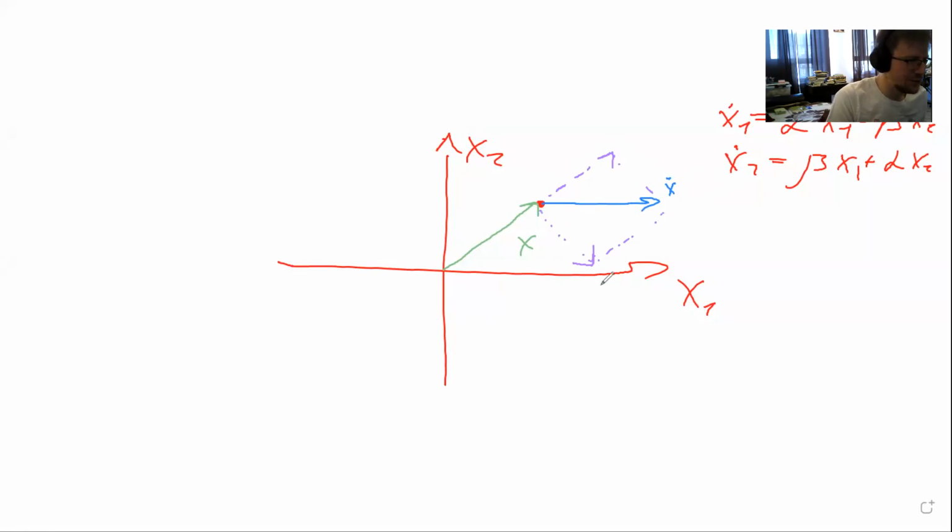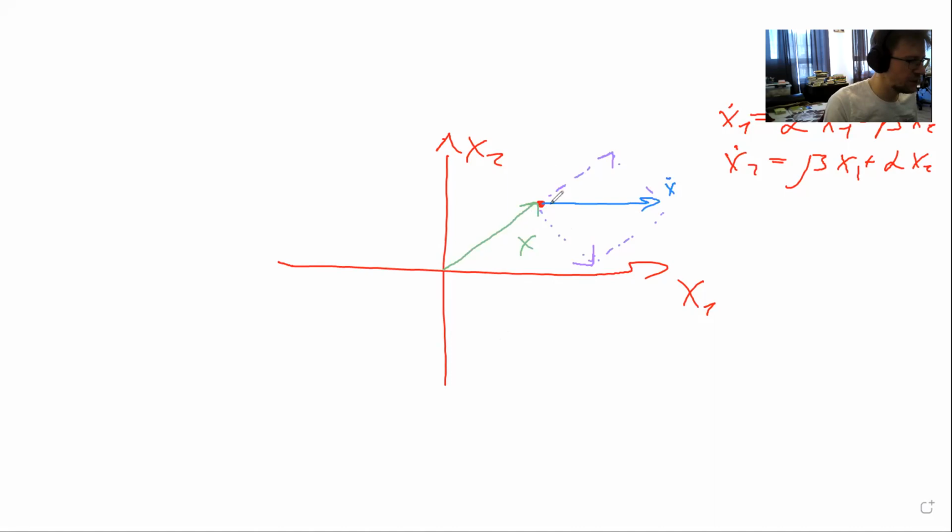It's a rate of change of x. But this component only makes this whole thing rotate, it doesn't change its length. This component, however, is going to change its length. And if they are collinear, so they point in the same direction, the length of x is going to increase. If they are contradirectional, the length of x is going to shrink.